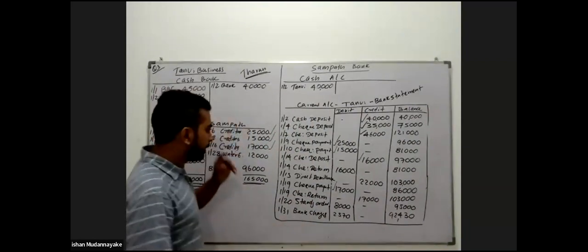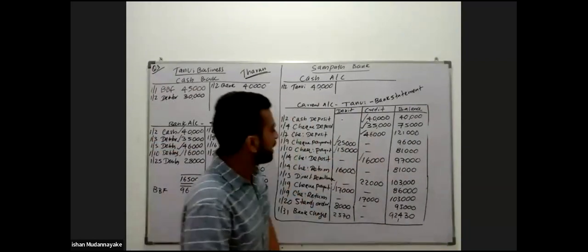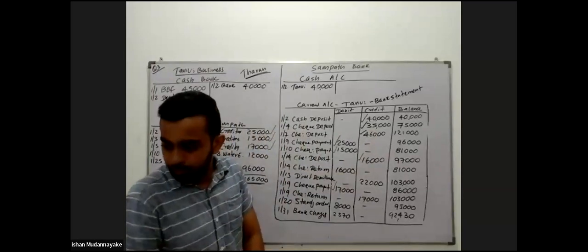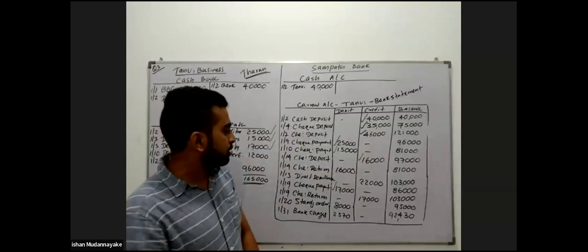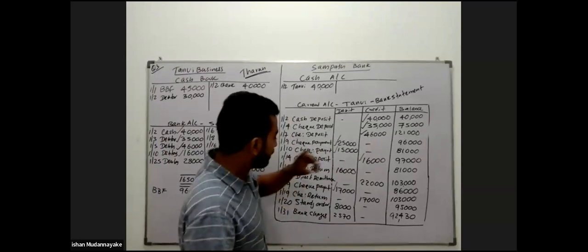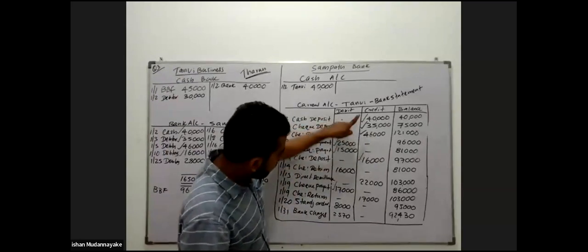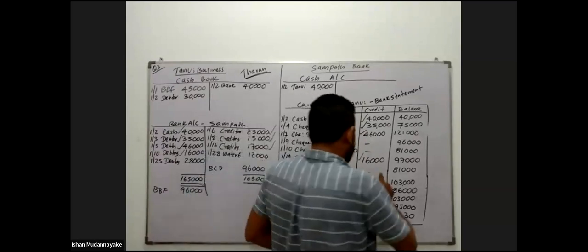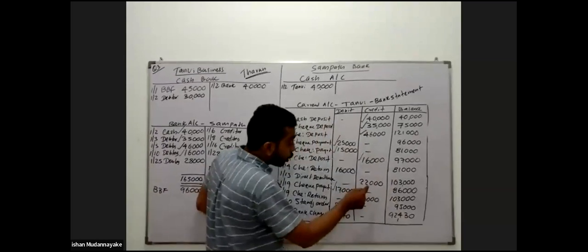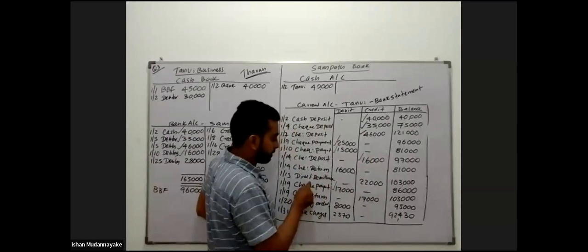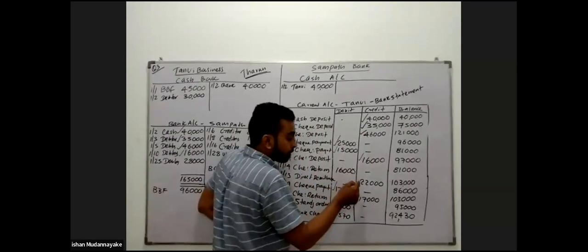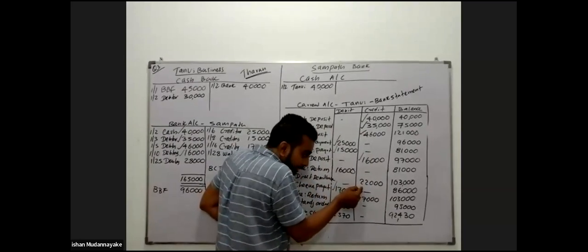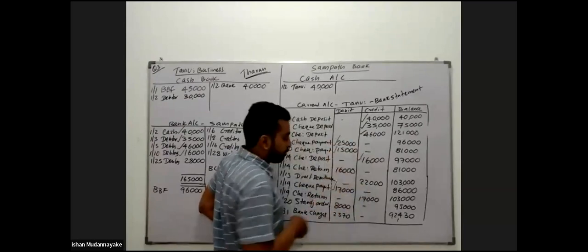But look at the credit side of the bank statement, students. Here, 40,000, 35,000, 46,000, 60,000, 22,000 direct remittance. The bank has collected 22,000 into your bank account.